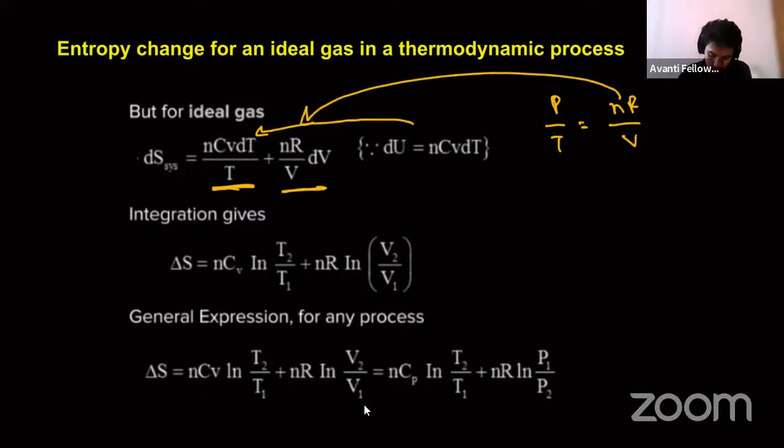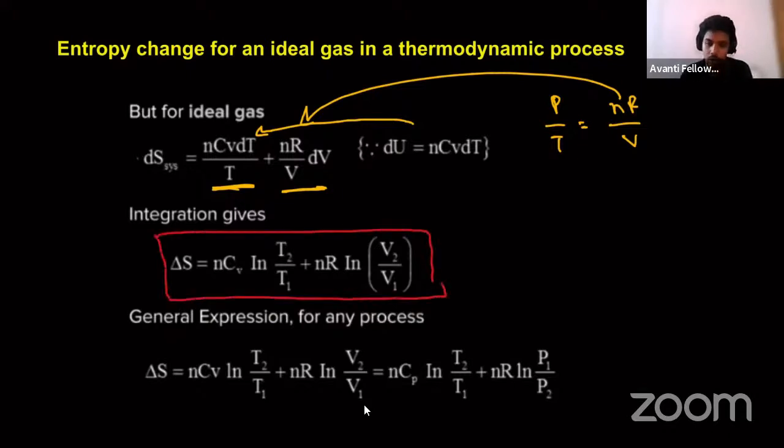Delta S is equal to n cv, since specific heat is constant at constant volume, that's why it will come out, and we get the form ln T2 by T1 plus nR ln V2 by V1. This is the new expression to derive entropy using temperature and volume terms.